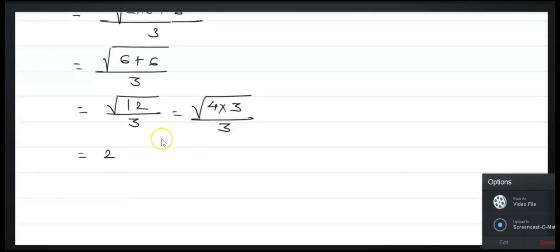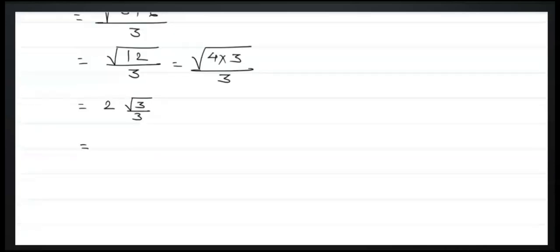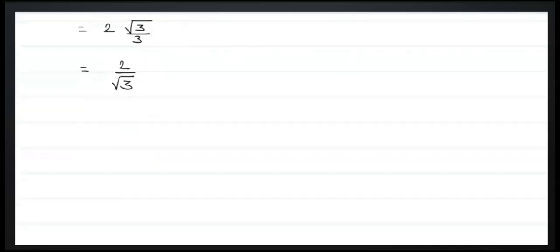That is 2 into root 3 upon 3, that is 2 upon root 3. This is the final answer, or you may write like this. These are the two types of answers.